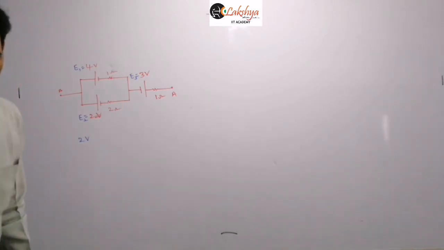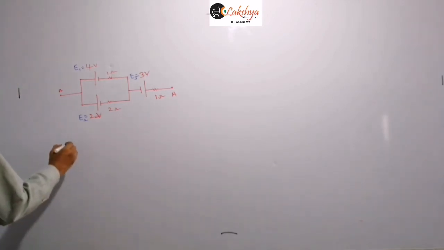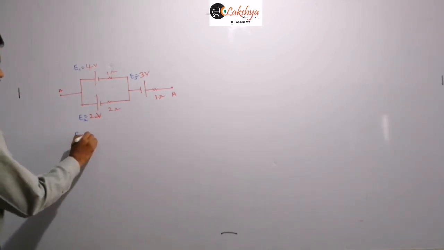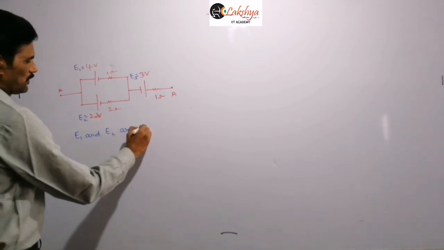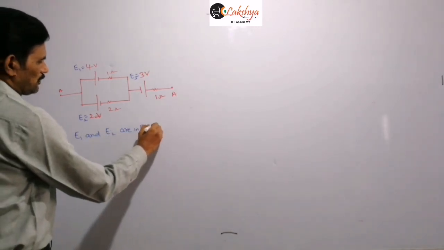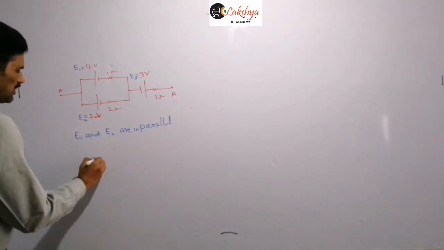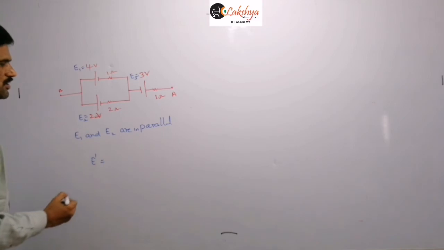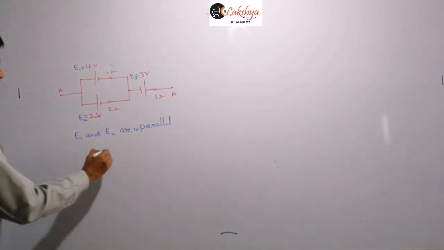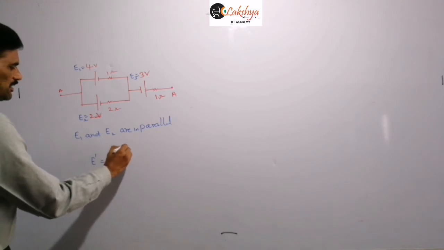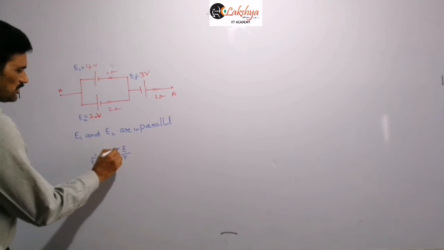E1 and E2 are in parallel, so first I am solving that part. Therefore, their EMF I am taking as some E dash. Now their effective EMF we can write as sigma E by R.